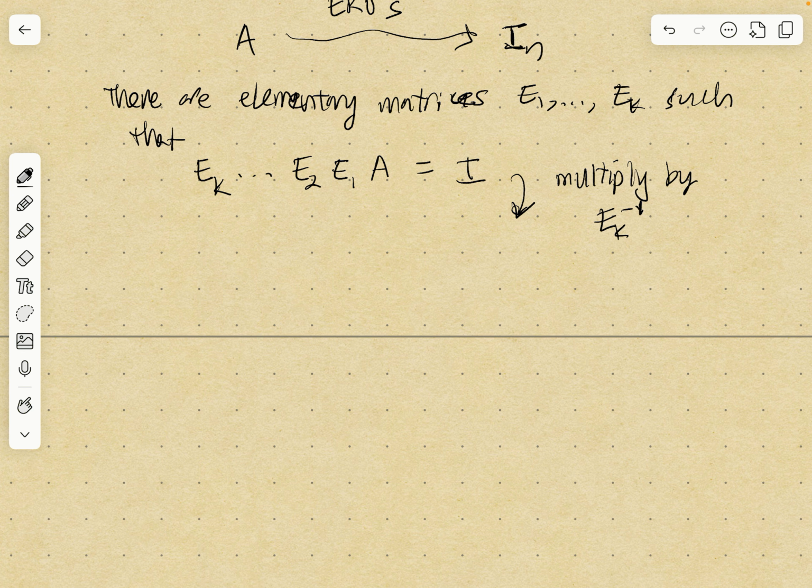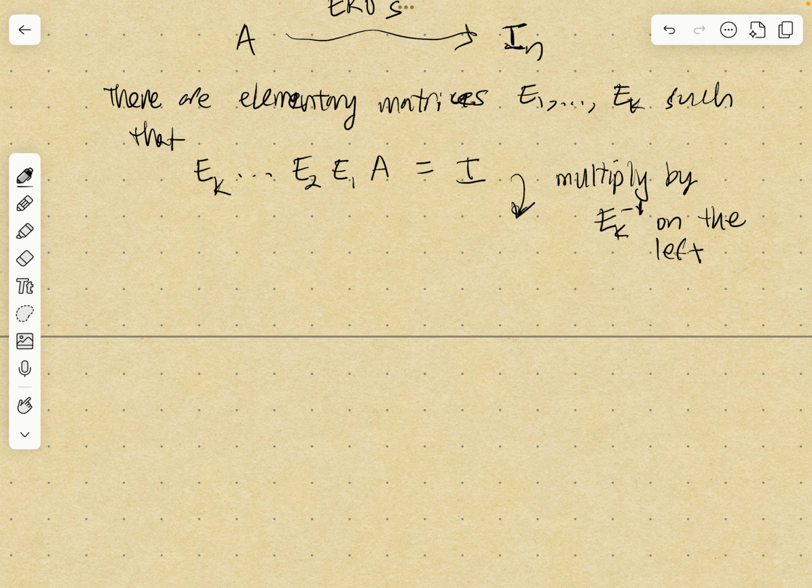So do I want to multiply by EK inverse on the left or on the right to get A by itself? I need to multiply both sides by EK inverse on the left.